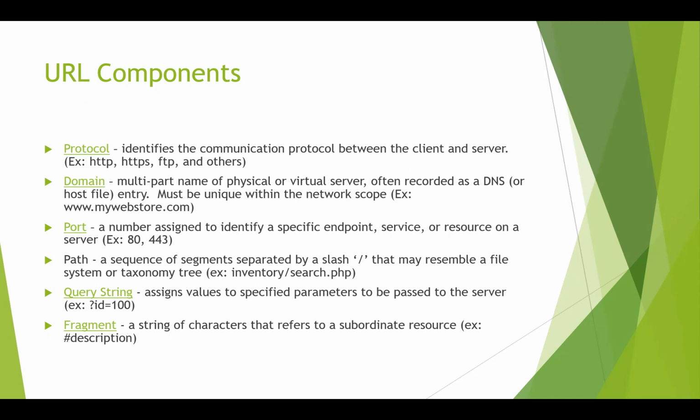The next portion is going to be a little bit more vague and a little harder to define, but that is the path to the particular resource on the server. Now, again, we start off with a protocol that tells you how we want to interact. The domain, you can think of it as physically or possibly virtually, but a resource such as a server.